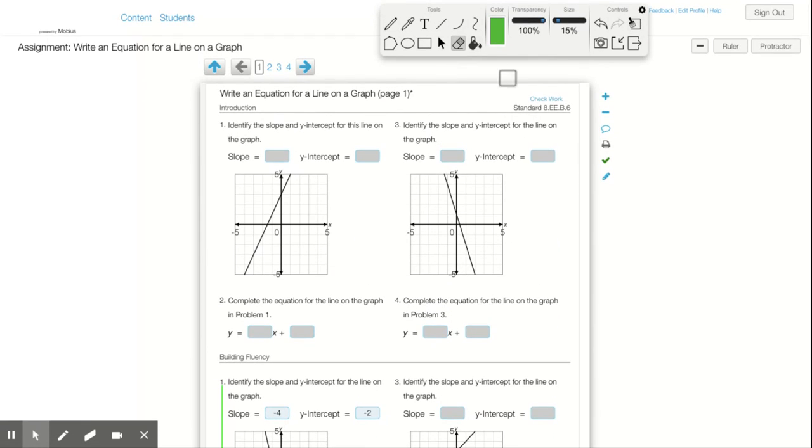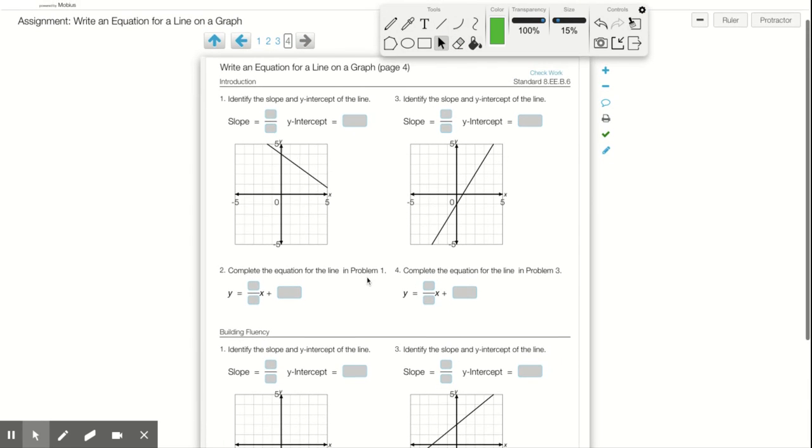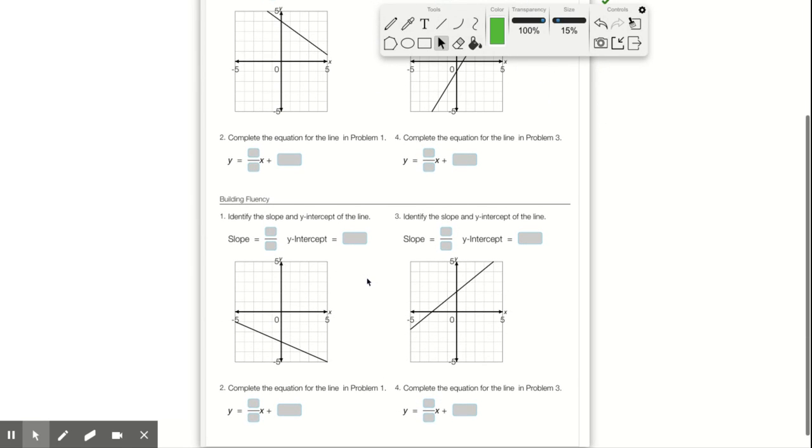All right, let's go to the last page. Usually that's one of the most difficult. And let's do this one. We'll do number 3. Okay. So is this a positive or negative slope? Well, it's going up, so it has to be positive.